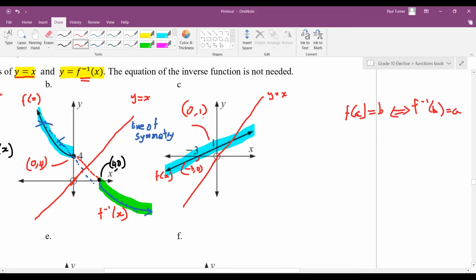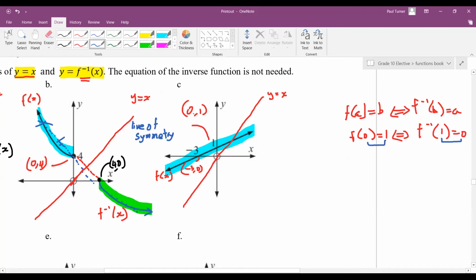So in this case, f(0) equals 1. That means that f inverse of 1 will give 0. These are just swapping. This is like your coordinates. When you put 0 into your function, you get 1. When you put 1 into your inverse, you get 0. Just notice how they swap there. We're going to use this a lot more later, so don't worry too much about it now.